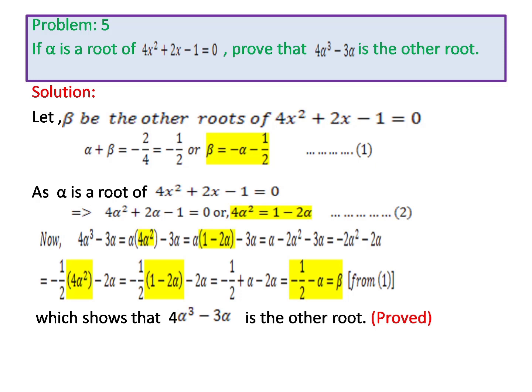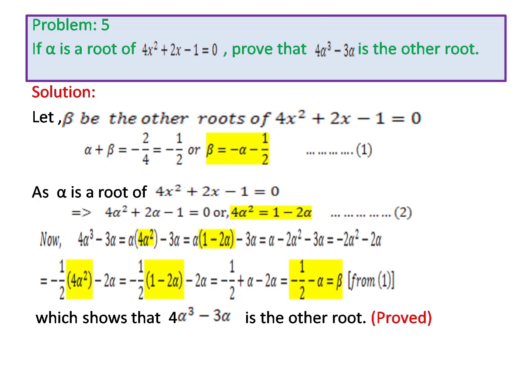As alpha is a root of 4x square plus 2x minus 1 equals 0, this implies 4 alpha square plus 2 alpha minus 1 equals 0, or 4 alpha square equals 1 minus 2 alpha. We take it as equation number 2.